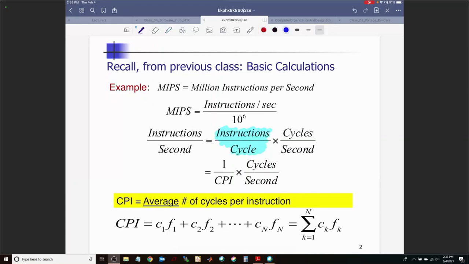So that is instructions per cycle multiplied by cycles per second. So your cycles per second is your clock rate. To indicate clock rate, I'm simply going to use CR. And we know that clock rate is the reciprocal of cycle time. Right? CR equals 1 over TC, cycle time.